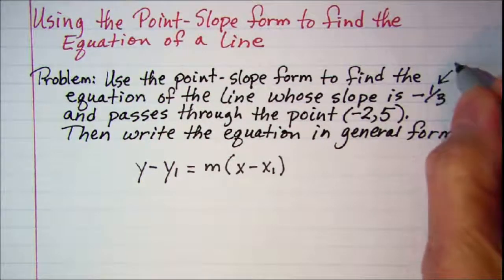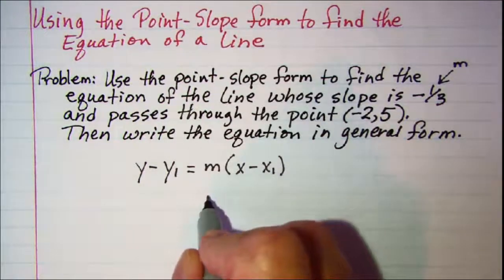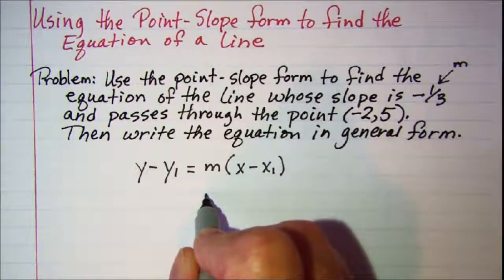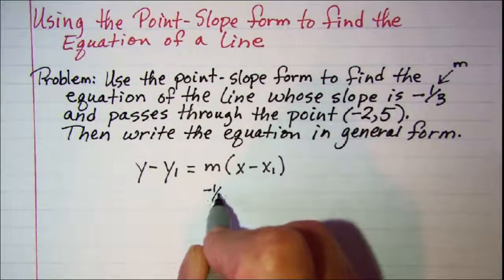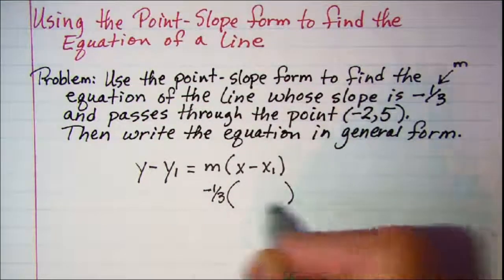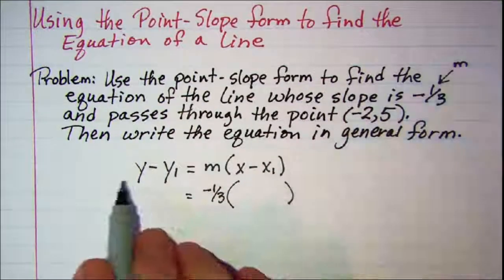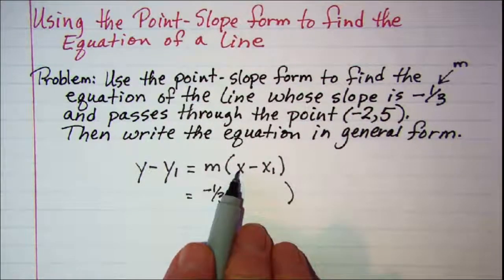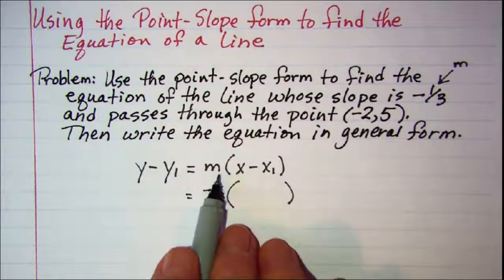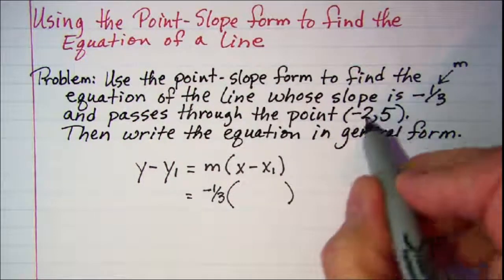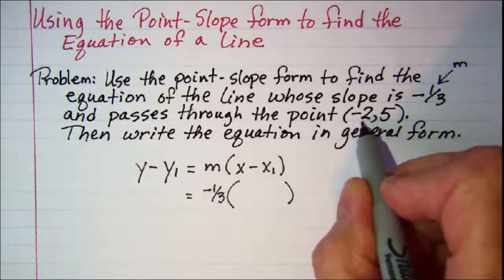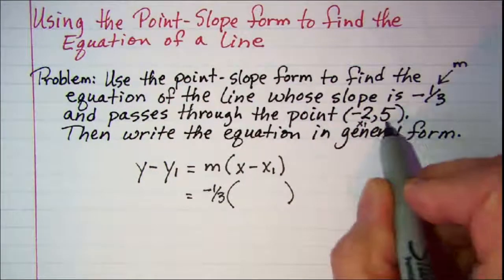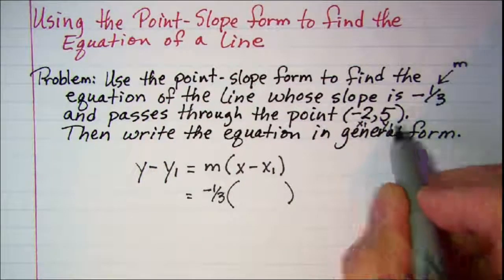So this is m, and it'll be inserted into the point-slope form in place of m. We also know that the x and the y are variables, so we'll leave those alone. But we do know then that this is my point. This is x1 and this is y1.